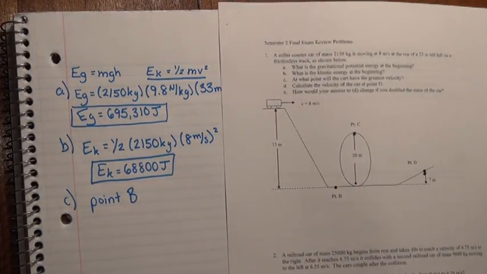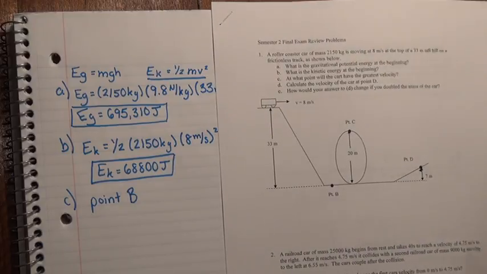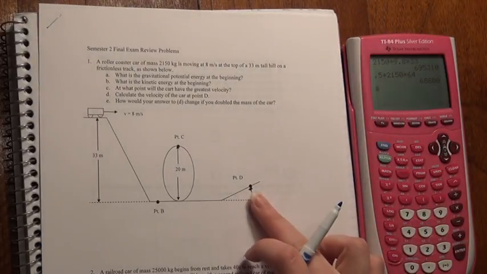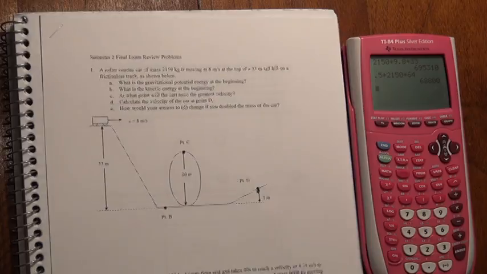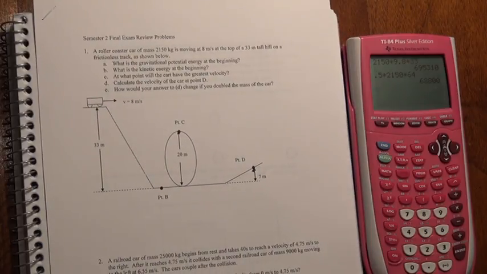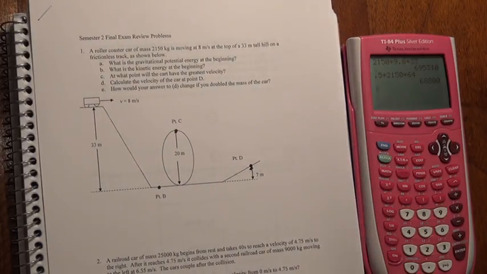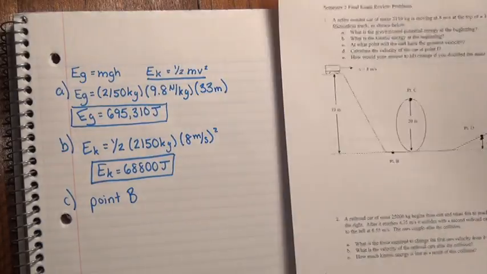Now part D asks for the velocity of the car at point D, which is here after the cart has gone back upward somewhat. Since energy is conserved, we can set the initial energy and the final energy equal to each other.